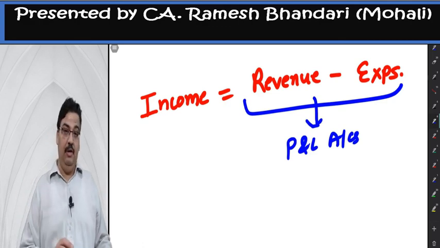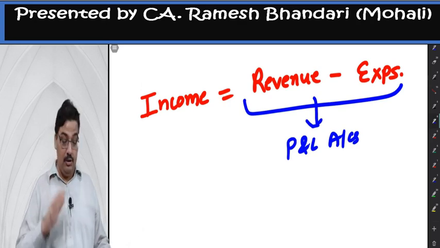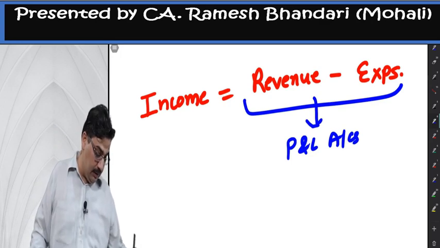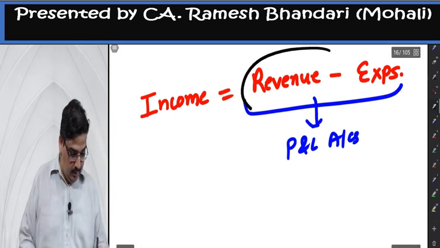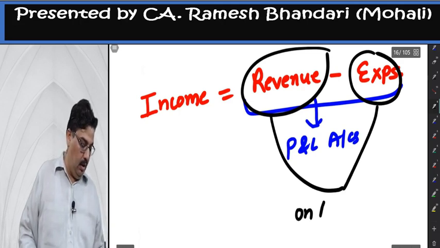Depreciation and amortization from capital expenditure is included, but capital expenditure itself is not included, and it is all on accrual basis. This revenue and expenses, they are on accrual basis.